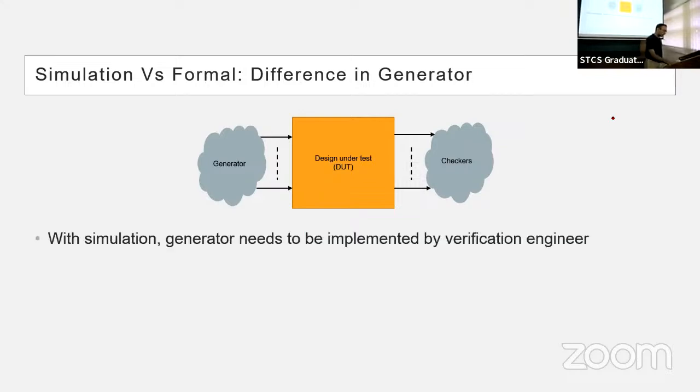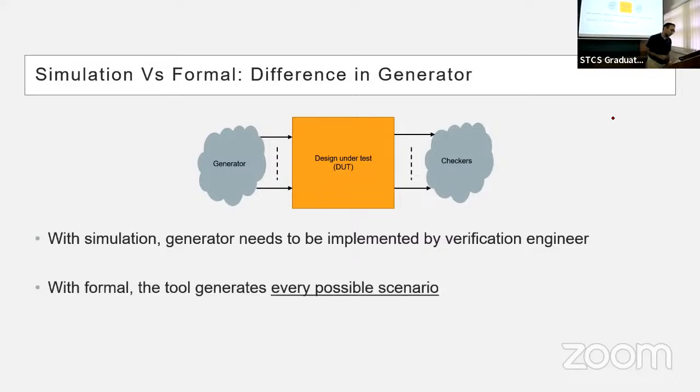What happens in simulation is that some team or some verification engineer needs to write the code for this, provide it to a simulation tool which can execute that code to generate these inputs, and then of course have these checkers and then do the verification. And this will not be exhaustive, right? So it will only generate some of the scenarios. Yes, because it involves manual intervention.